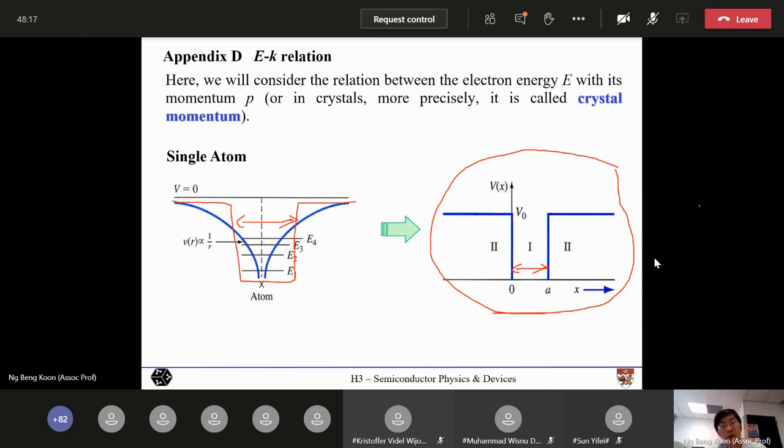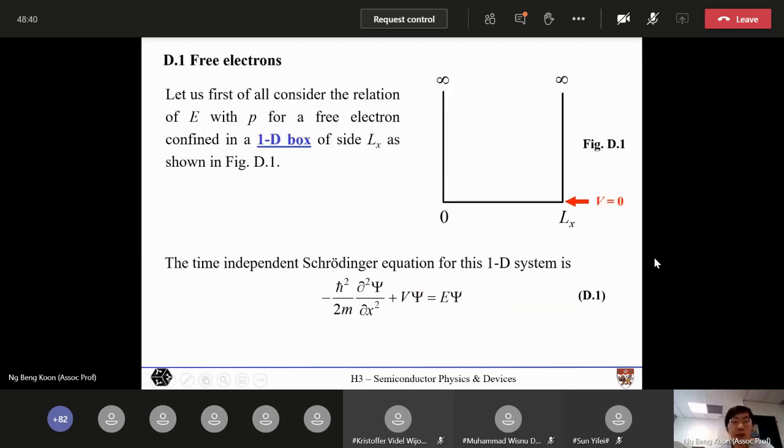Because in an atom, without external energy, electrons tend to occupy the innermost shell, the lowest energy level possible. The chance of them being in the outer region is a lot less. So we represent it with this constant value, V naught. This is an approximation that helps with solving the equation.